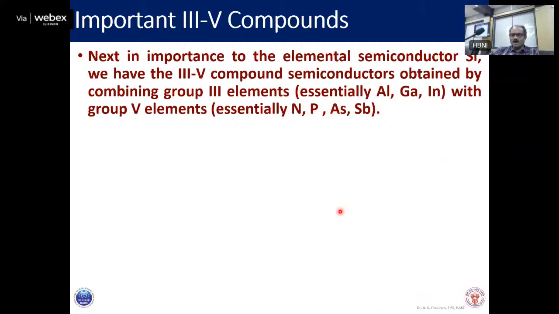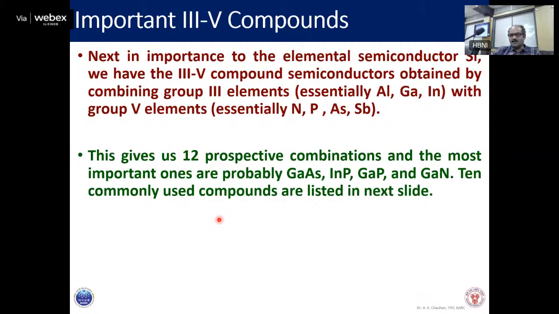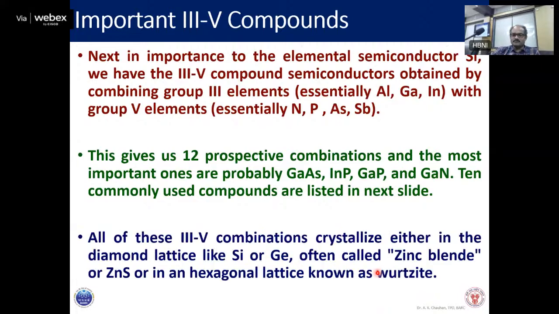If you combine these in different permutation combinations, the compound which you get is a 3,5 compound. In all, this will give you a total of 12 prospective combinations, and the most important 3,5 compounds are gallium arsenide, indium phosphide, gallium phosphide, and gallium nitride. The ten commonly used compounds I will show in the next slide.